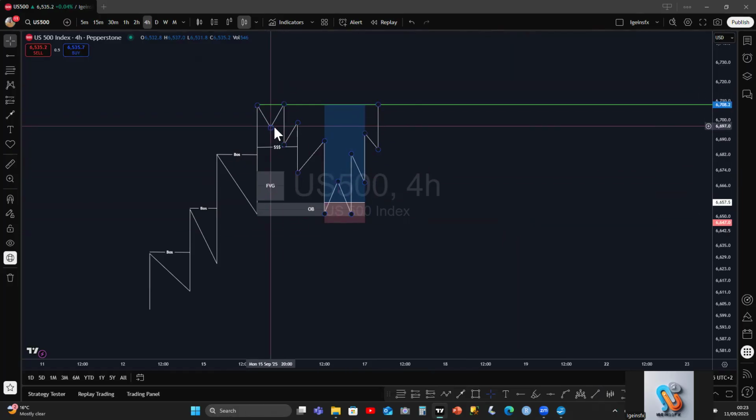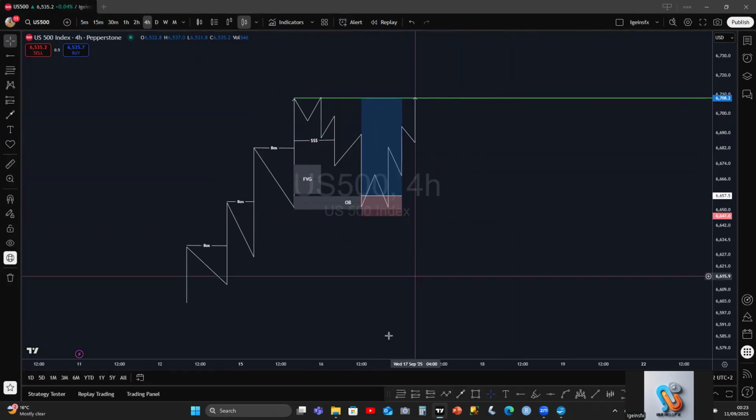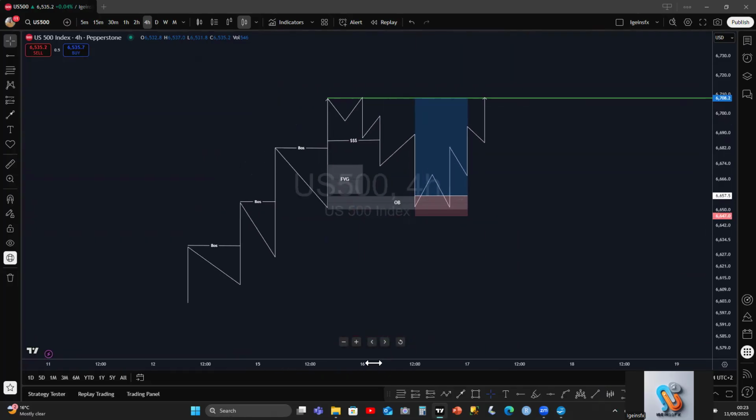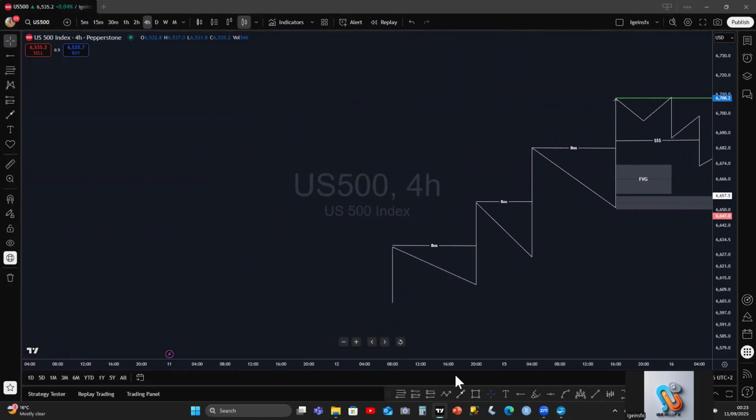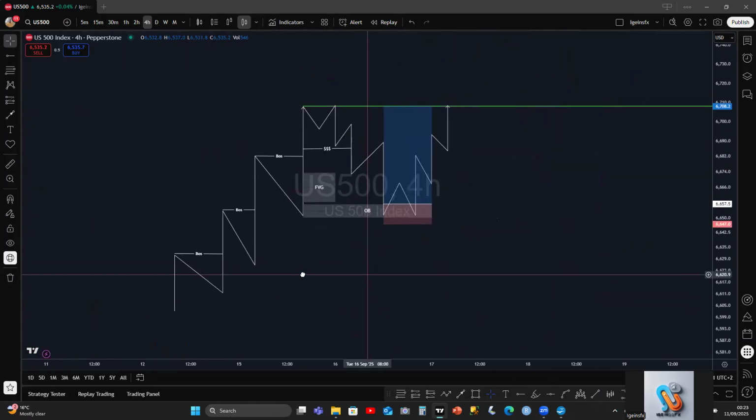So you will now use this as a liquidity to facilitate this push to the downside. So basically, this is what SMC strategy is all about. All right. This is SMC strategy.